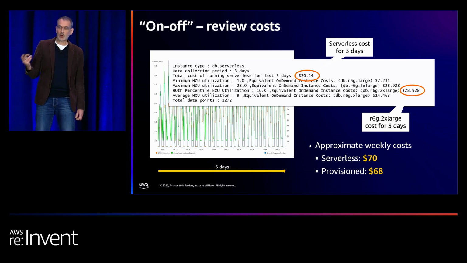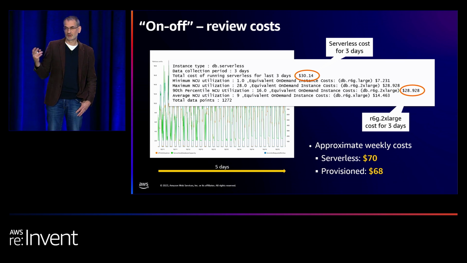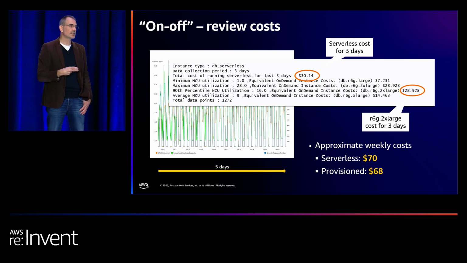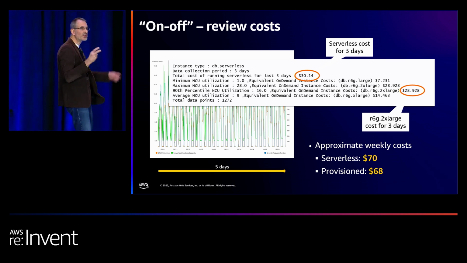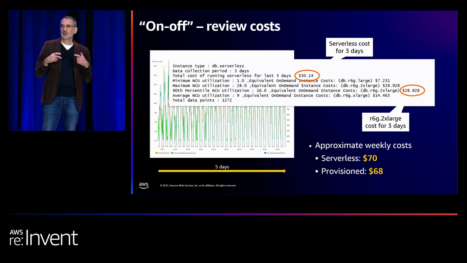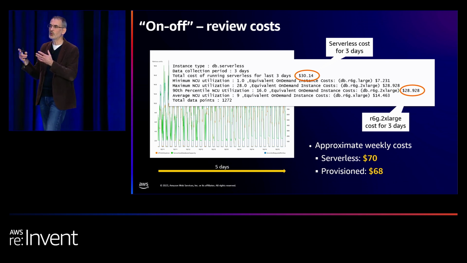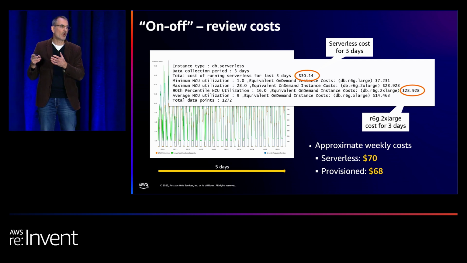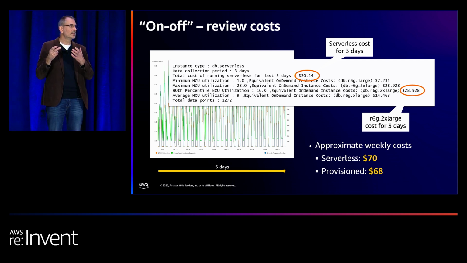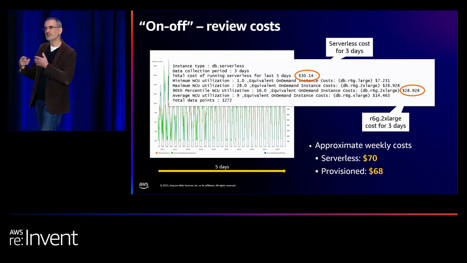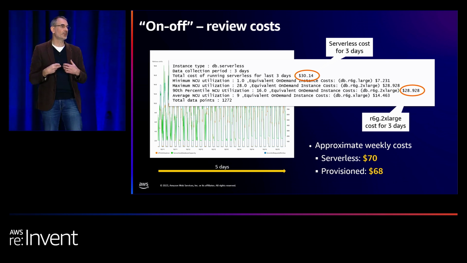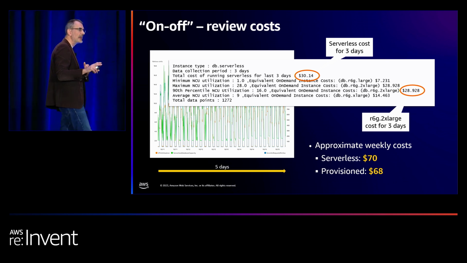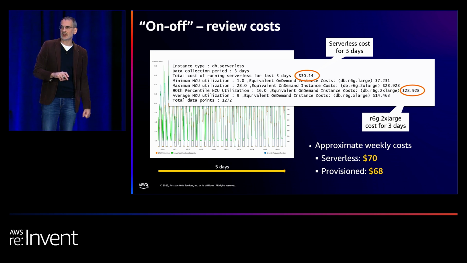The equivalent 2x large instance would have cost just under $30, $28, $29. So it's very, very close. And just a small change in that workload, just a couple of hours more every day running at its peak, that could potentially make serverless a lot more expensive versus provisioned. So in this case, I'm slightly on the fence, but I'd probably stick with running provisioned for this particular workload.